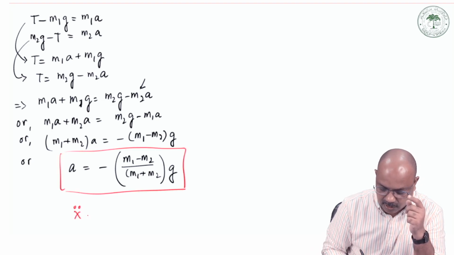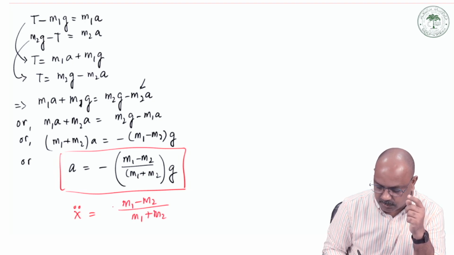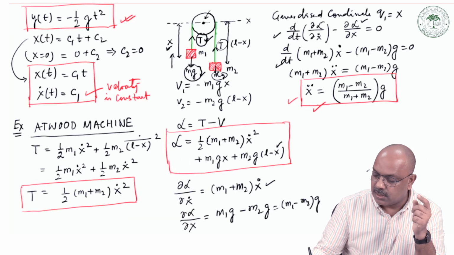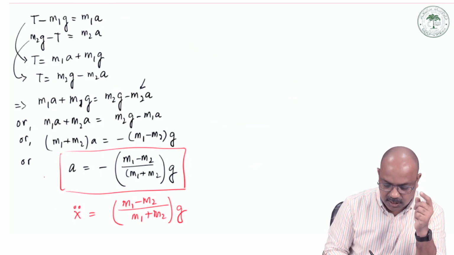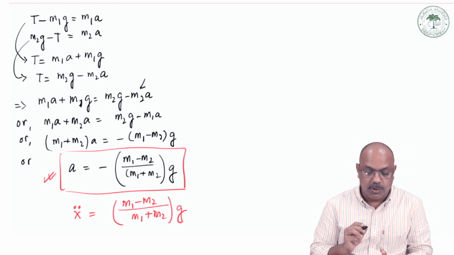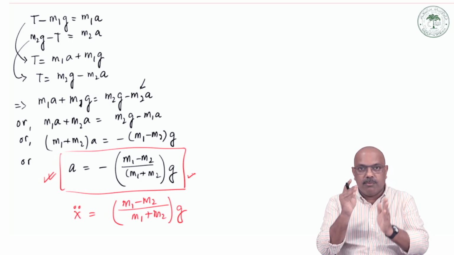Now you can compare that x double dot was (m1 minus m2) divided by (m1 plus m2) times g here. So from the Newtonian dynamics, if you equate this, you get the same equation. This is for the case when m1 is going up and m2 is going down.